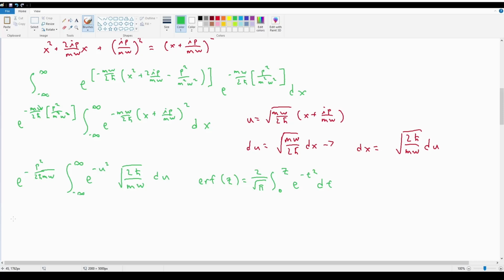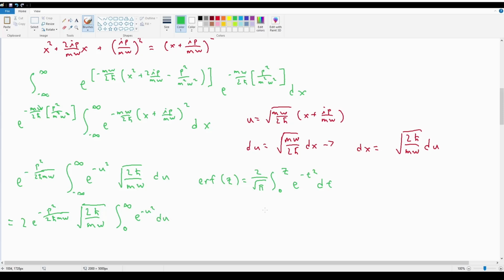So this can be rewritten as 2 times e to the negative p squared over 2h bar m omega. And then I'm going to pull my square root of 2h bar over m omega out, and the integral is now from 0 to infinity of e to the negative u squared du.